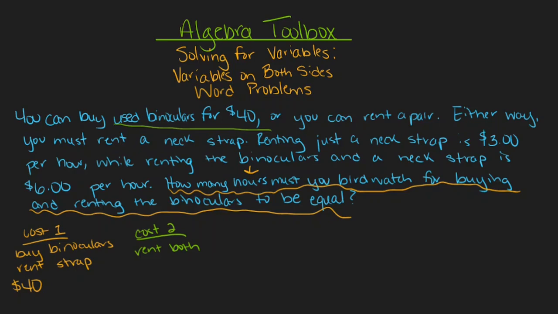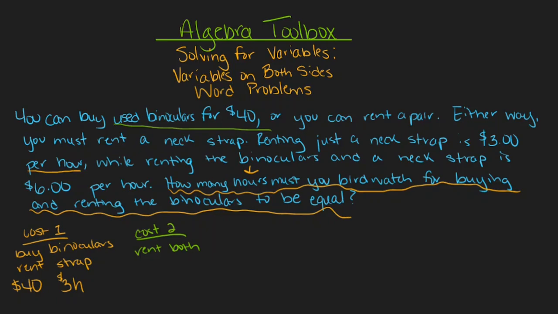Since I see per hour in the units for the rentals, that tells me that the dollars must be multiplied by the number of hours that I am using them. And so I can represent this $3 per hour as $3 for every hour, or times h, that I am bird watching. 3h is a representation of the cost to rent just the neck strap for however many hours I may choose to use it.